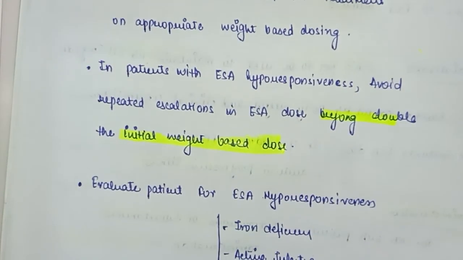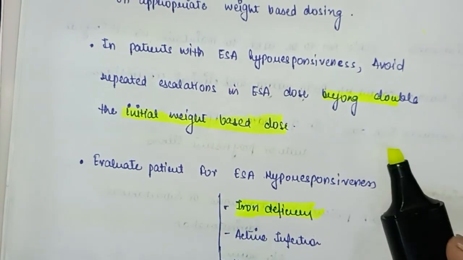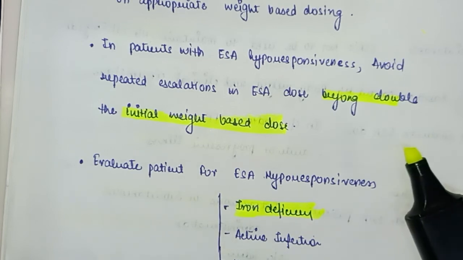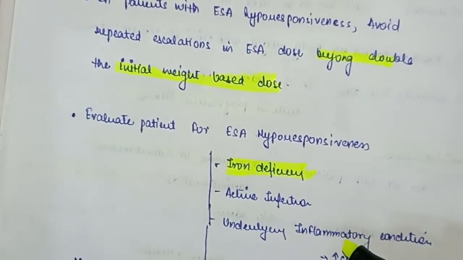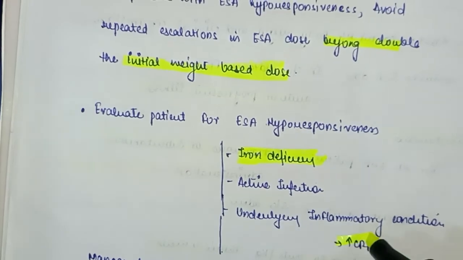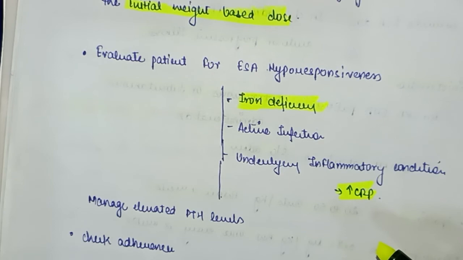One of the most important causes of ESA hyporesponsiveness is iron deficiency. If we have directly started the ESA therapy without correcting iron, it is the most important cause of ESA hyporesponsiveness. Other causes are active infection and any underlying inflammatory conditions. Look for elevated C-reactive protein for underlying infection or inflammatory conditions.